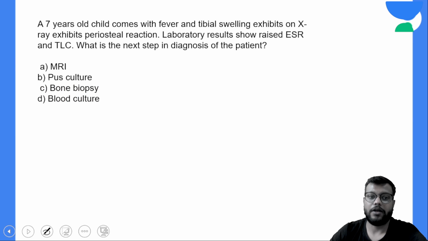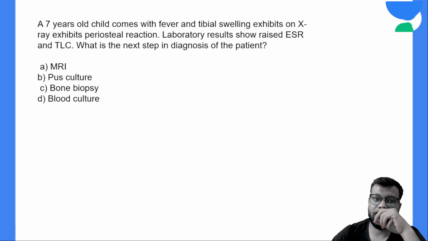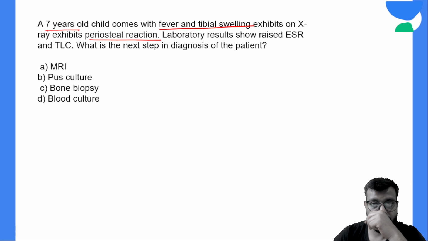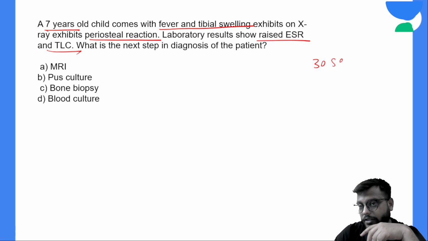Okay, now next question. A 7-year-old child presents with fever, tibial swelling, and exhibits periosteal reaction on X-ray. Laboratory shows raised ESR and TLC. Next step in diagnosis of the patient. So here are your 30 seconds for this question. Very easy.